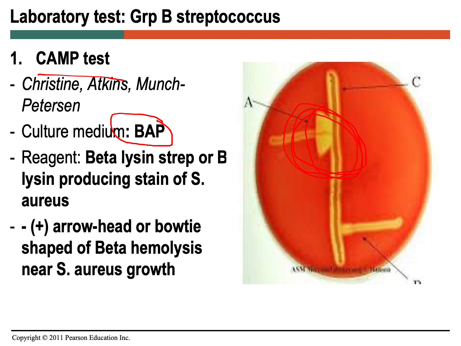This is your Staphylococcus aureus. This is your group B strep. And this is another test organism. So if you cannot see arrowhead formation, class, then that is negative. But if you see arrowhead formation, then that is positive for CAMP test.